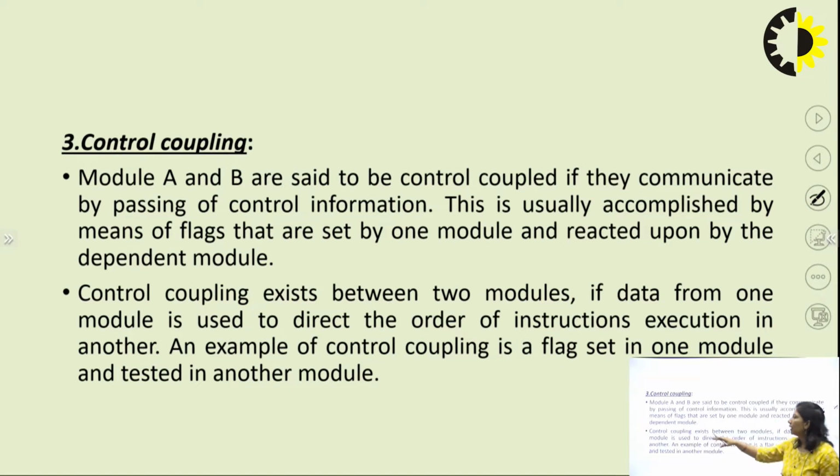So control coupling exists between two modules if the data from one module is used to pass any kind of order of instructions. Like we set one flag to a value, and when it has been tested, we send another value and test it in the other module.